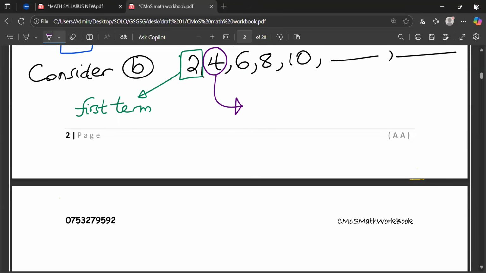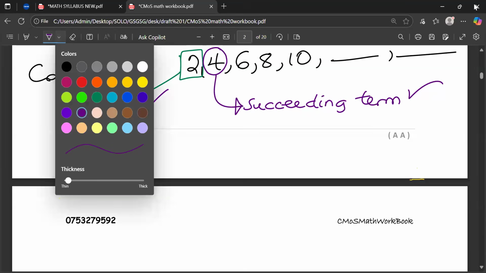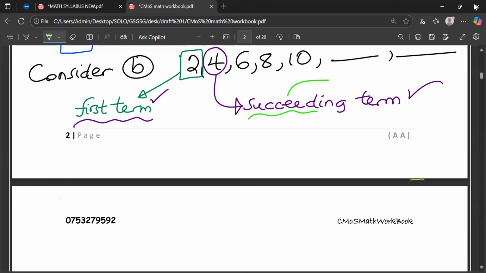Okay. So, this is our first term, and this is the term that comes after the first term. So that one becomes a succeeding term, because of those things of successors, as you've said.